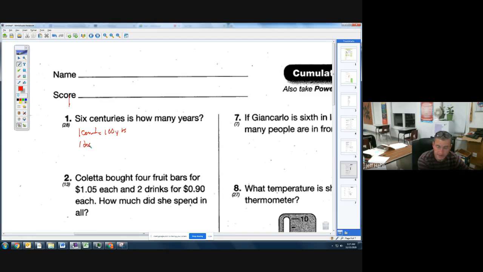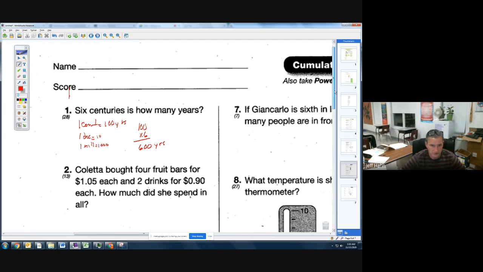In case they ask that, a millennium is 1,000 years. So a decade is 10 years, century is 100 years. So you've got 6 centuries. So it is 100 times 6. 6 centuries is 600 years. 600 years. Hopefully you got that. If you have any questions on that, ask me.